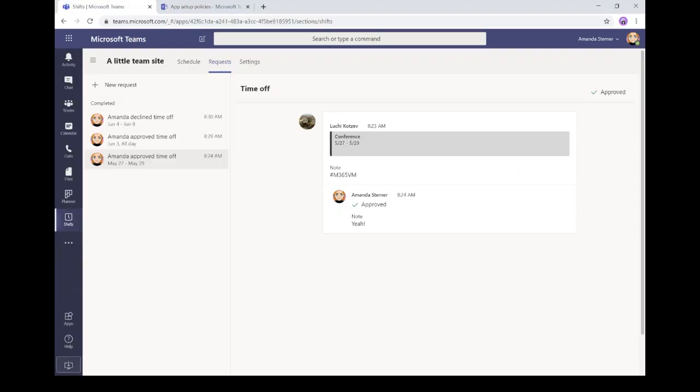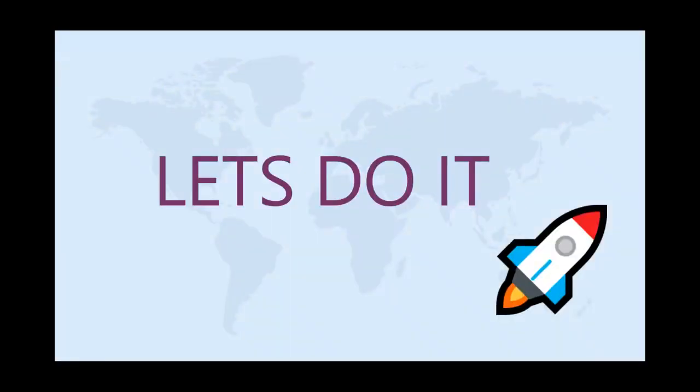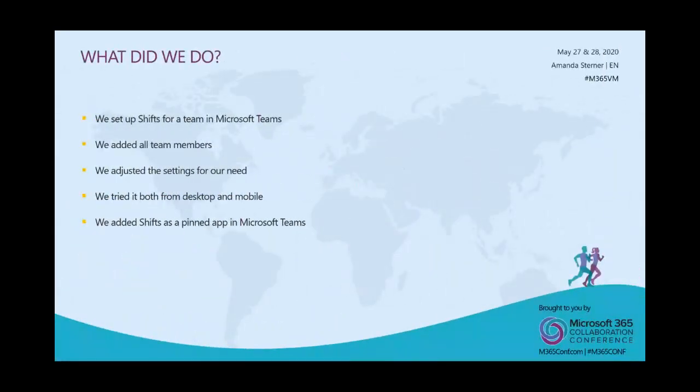So let's get back into the presentation. And that's it. So what did we do? Well, we set up a new schedule and shifts for a team in Microsoft Teams. I added all the team members, and I showed you how you could add a group as well, or different groups if you want to divide the team members into smaller groups.